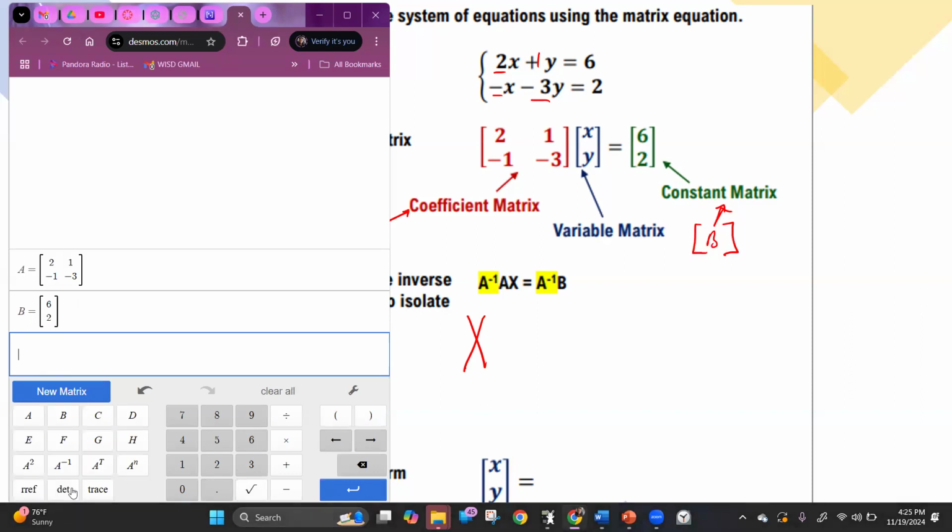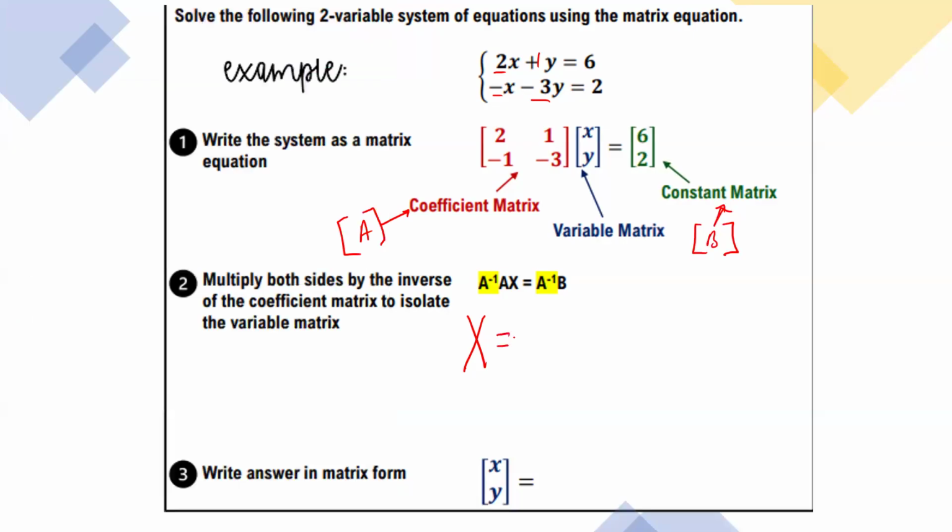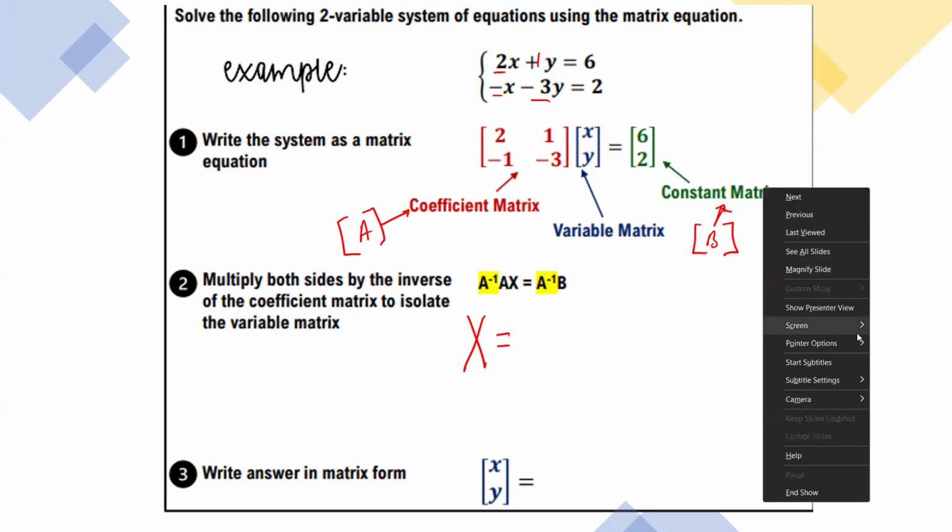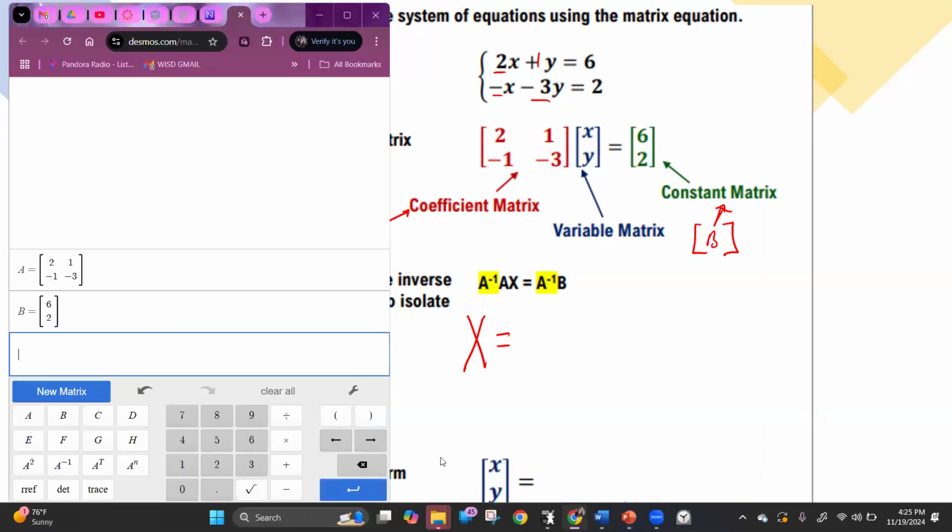I need to find the inverse of A and multiply it times B. The only thing I don't like about Desmos is that it will not stay when I need it, unlike good old faithful. To find the inverse of A, there's a handy dandy little button right here.